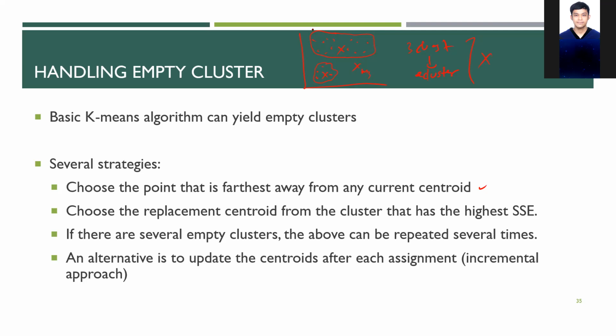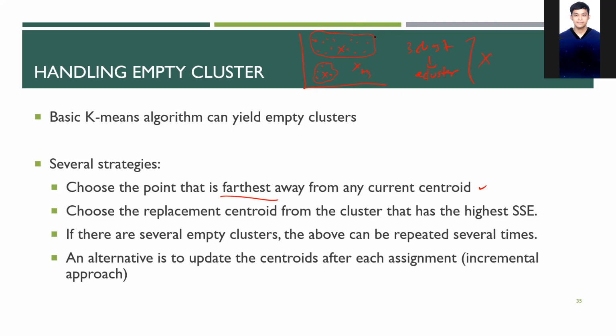We have the distance of each data point to each cluster. For example, this one to here and this one to here. We calculate that, and then we choose the farthest point, meaning the point which has the highest distance.